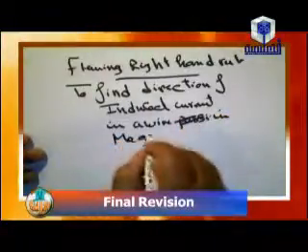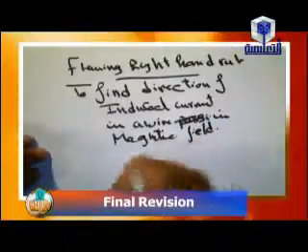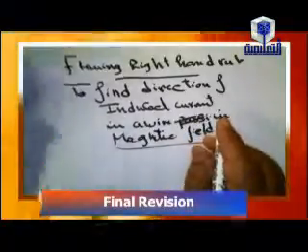There is a difference between Fleming's right hand rule and Fleming's left hand rule. Fleming's left hand rule finds the direction of force acting on a wire placed in a magnetic field, but Fleming's right hand rule finds the direction of current in a straight wire in a magnetic field.